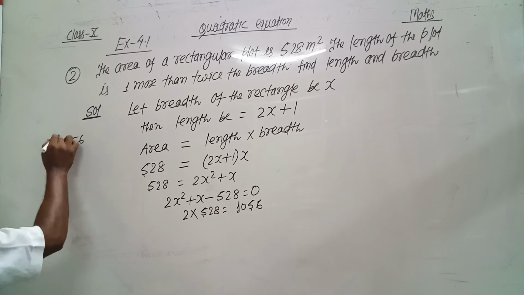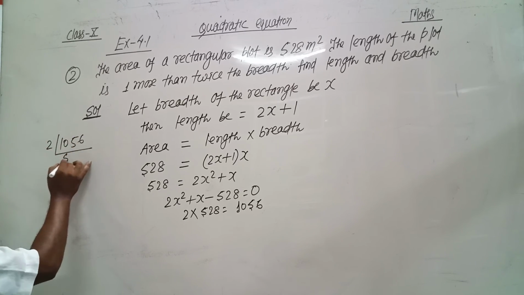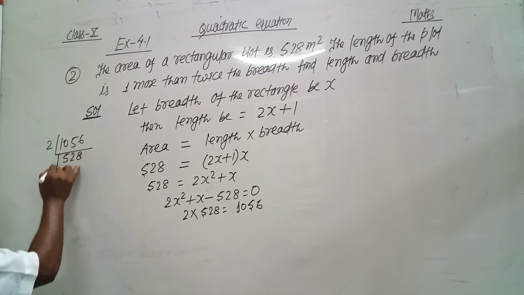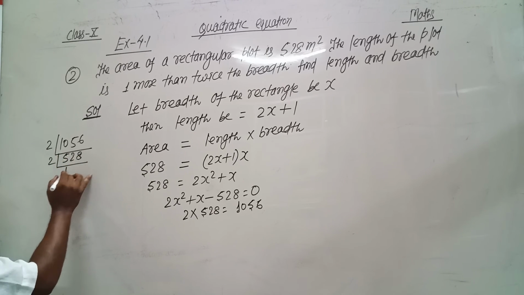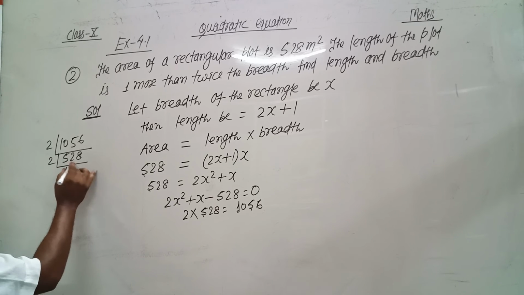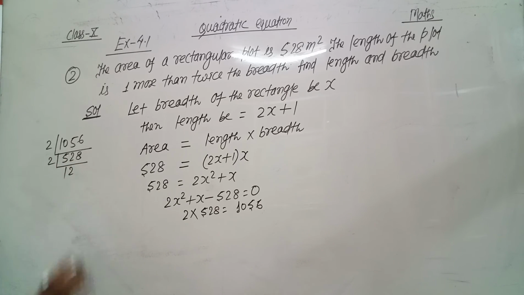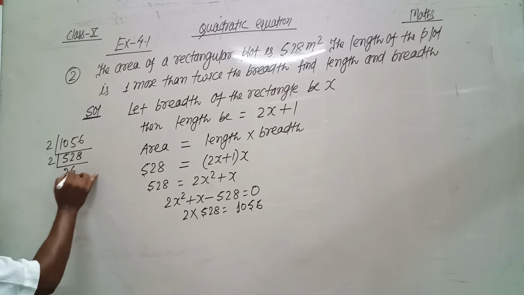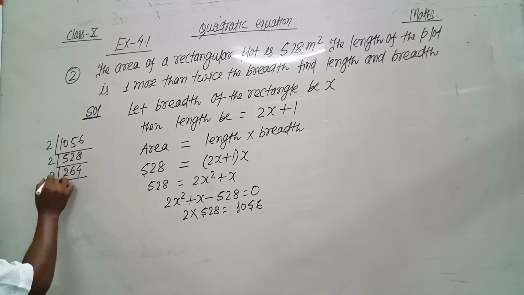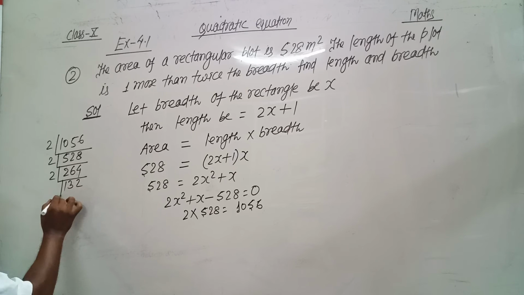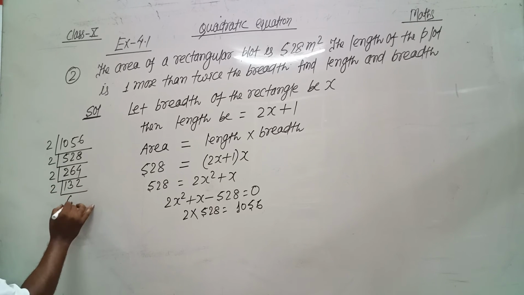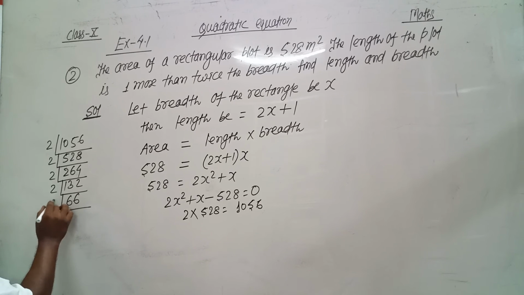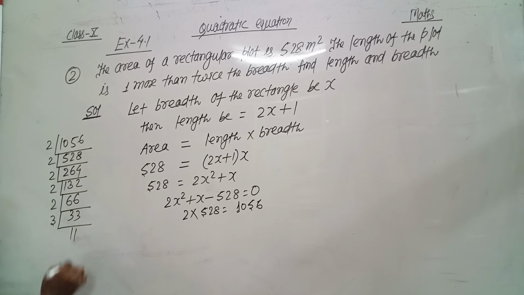So make the factors of 1056. It goes by 2, 528, again by 2, 264, then 132, then 66, then 33, and then 3, 11.